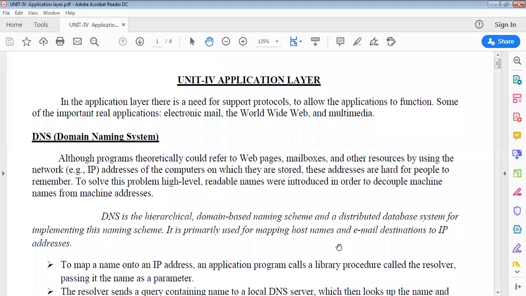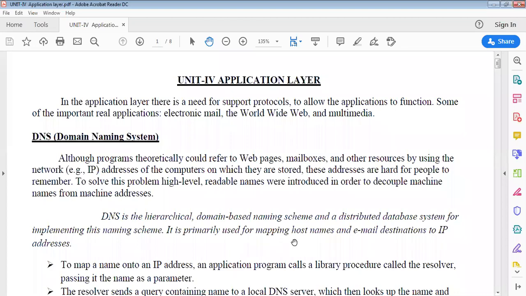As we checked in the diagram, it has a proper hierarchy, like a tree-like structure, and a distributed database. It consists of a database system for implementing this naming scheme. It is primarily used for mapping host names and email destinations to IP addresses.